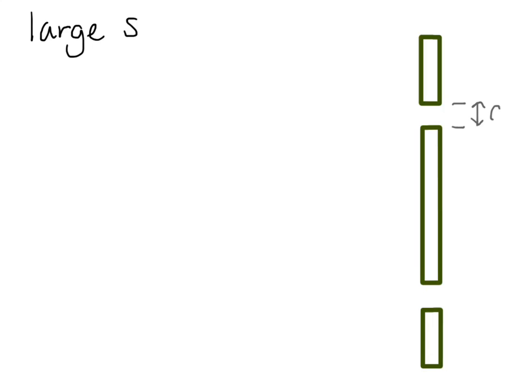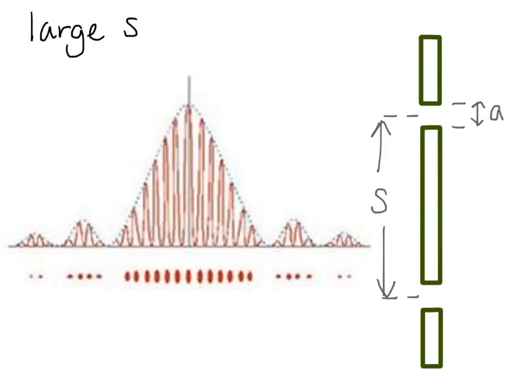If, on the other hand, you have a large s in relationship to the aperture, so here the slits are much further apart compared to the size of each slit, you then get a pattern that looks more like this. So the width of the fringes, the Young's slit fringes, are between two of these fringes here.